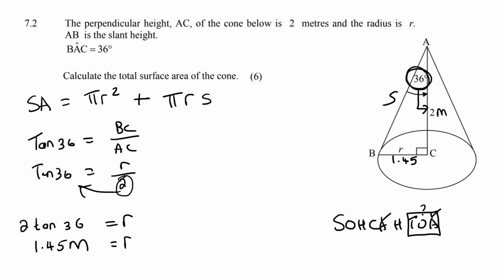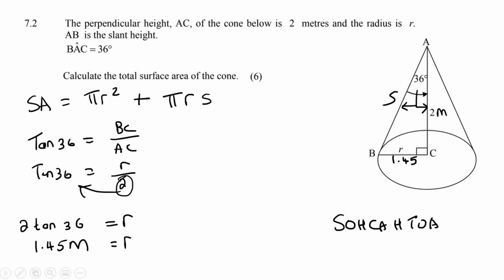Now you have two options. You could use Pythagoras now if you'd like to with the 2 and the 1.45, or you can just use trigonometry again. I'm going to use trigonometry again. I like to use what we've already been given, so that'll be the adjacent, and we're looking for the hypotenuse, and so that's A and H, which is cos.